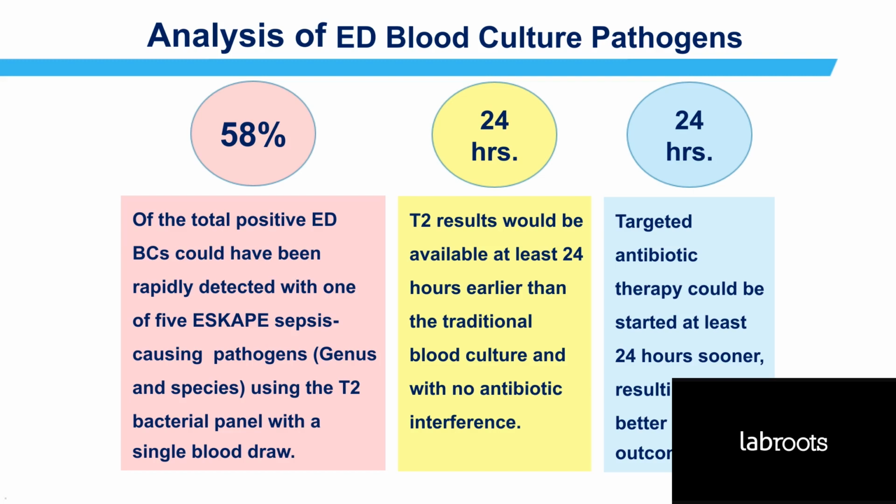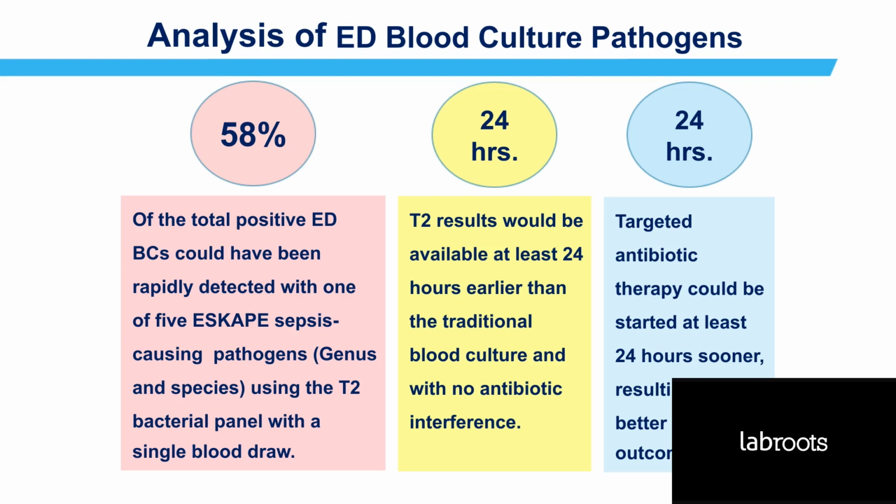So our analysis further revealed that 58% of the total positive blood cultures could have been rapidly identified with one of the 5 sepsis-causing pathogens using the T2 bacterial panel with a single blood tube collection.